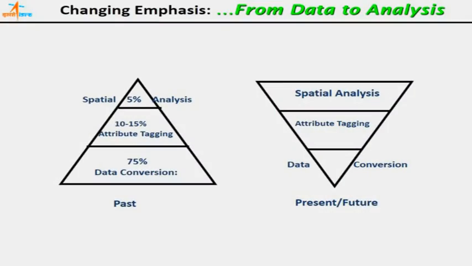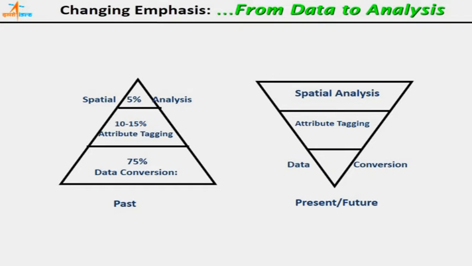And having such voluminous data on natural resources available, previously whenever we defined a project, it used to take 75% of the project time for data collection and data conversion. Then attribute tagging would take 10 to 15%, and only 5% was left for analysis.